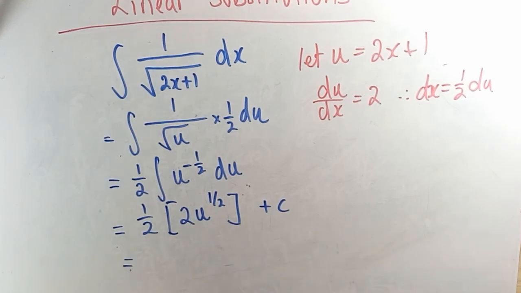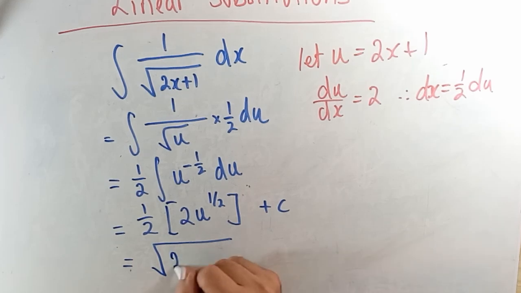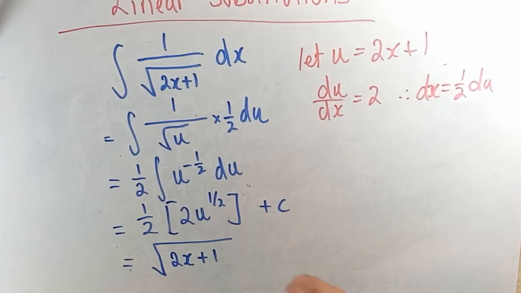Substitute in, well, 1/2 times 2, that disappears. So I end up with square root u, which is the square root of 2x plus 1 plus c. Finished. Beautiful. The 1/2 and the 2 cancel, and I'm done. Hopefully that's correct.